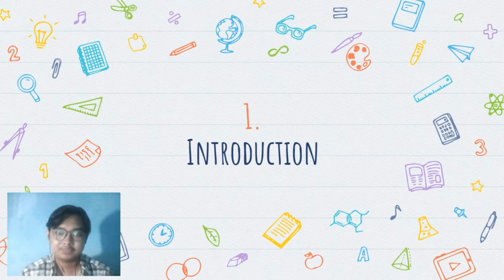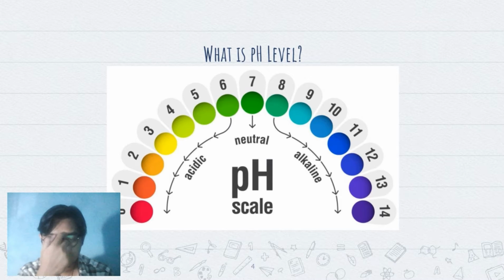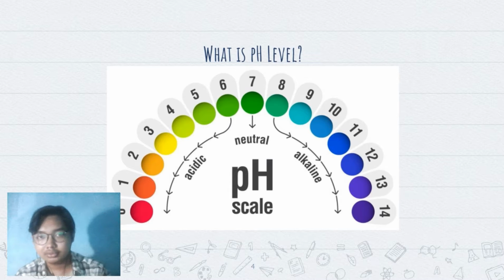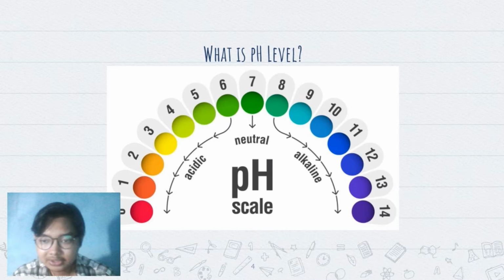The first part of this session is the introduction. Before we talk more about the pH transmitter, we should know what pH level is. Maybe all of you already know that from high school or other sources. The pH level refers to how acidic or basic a liquid solution is.